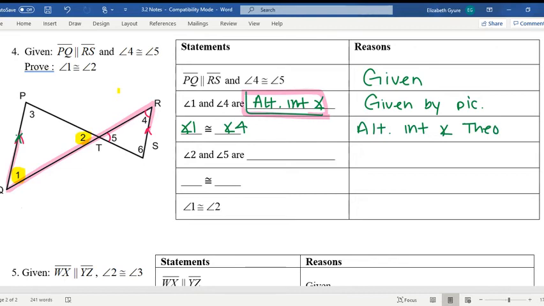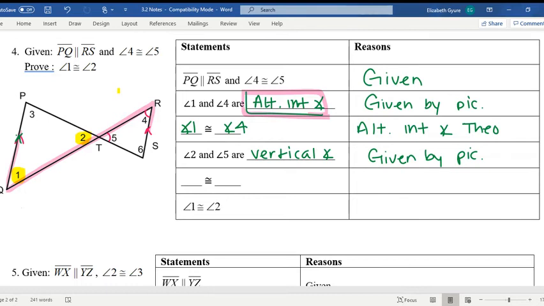Now it's saying 2 and 5 are blank. Again, we don't really know anything about 2 and 5. It wants you to look at your picture. What angle relationship is happening with 2 and 5? We said this same one in the last proof. Tyler? Vertical angles. Angles 2 and 5 are vertical angles given by the picture. Good. Then below, it wants you to say two things are congruent.